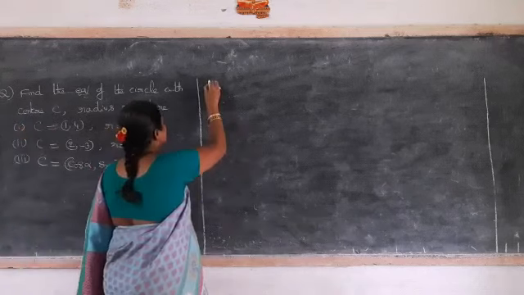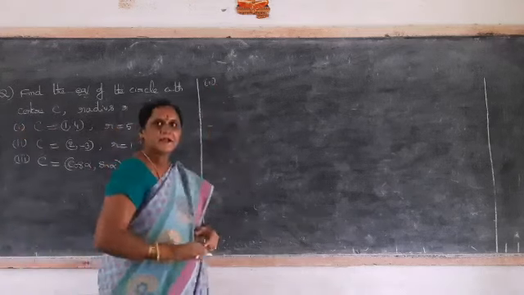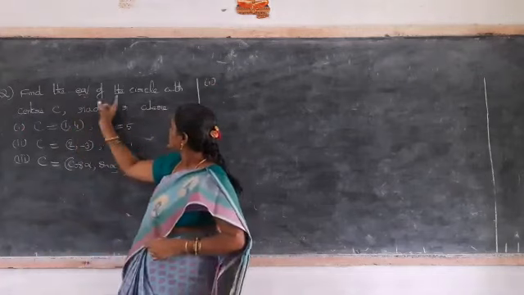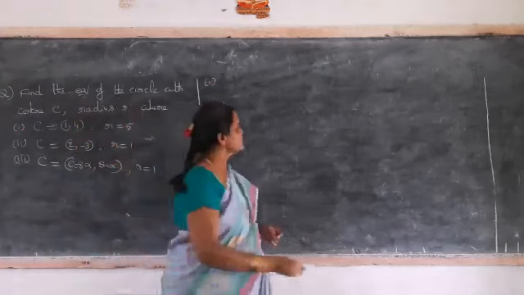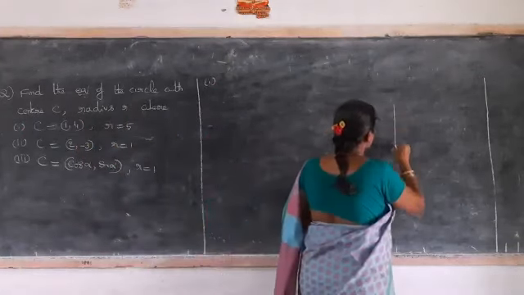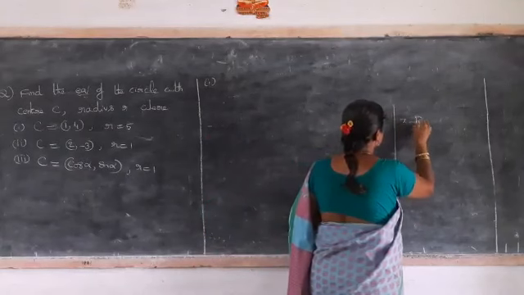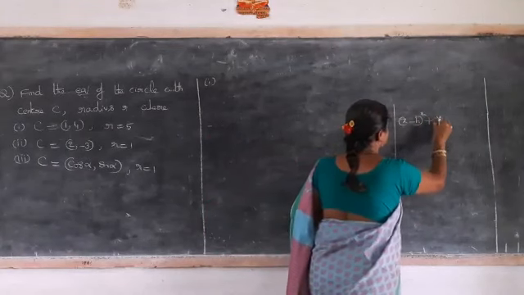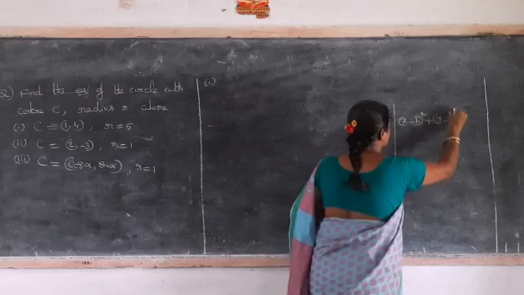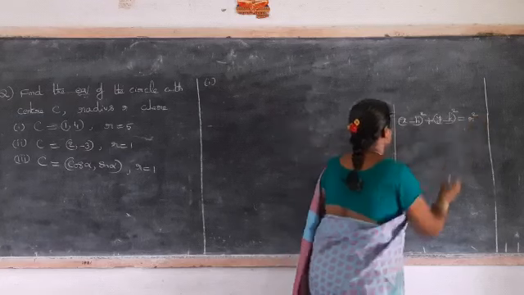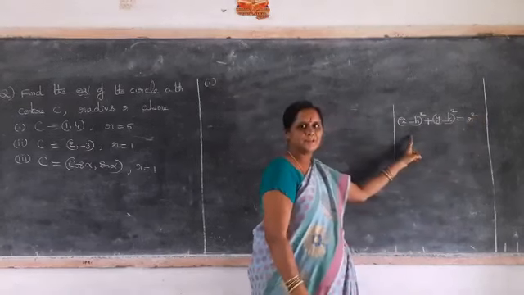So here, listen students. For finding the equation of the circle, we have to use the formula (x minus h) whole square plus (y minus k) whole square is equal to r square. You have to apply this formula.